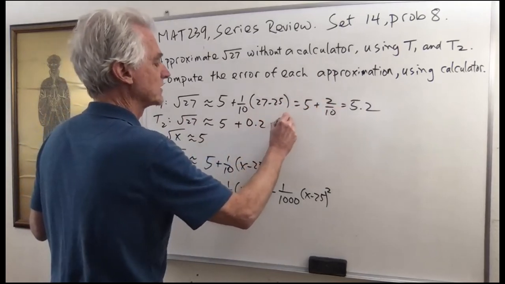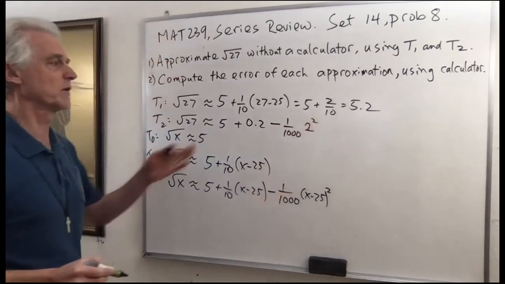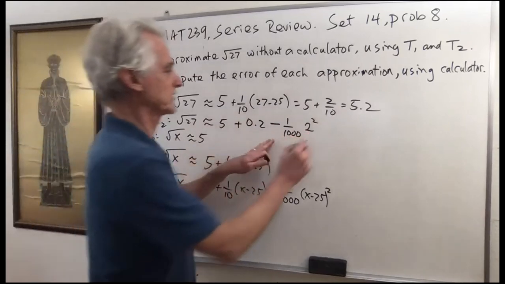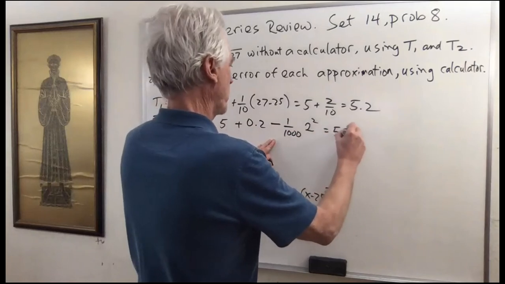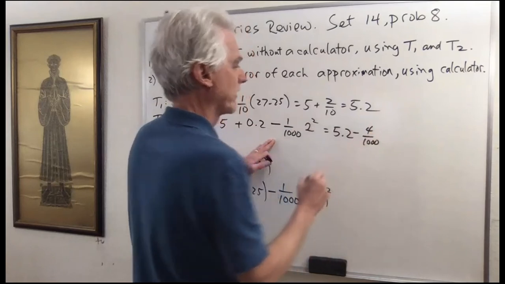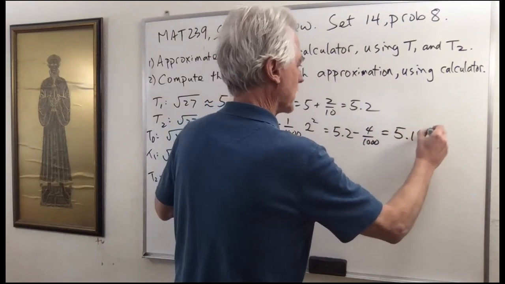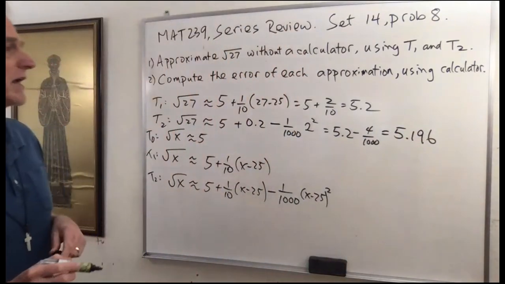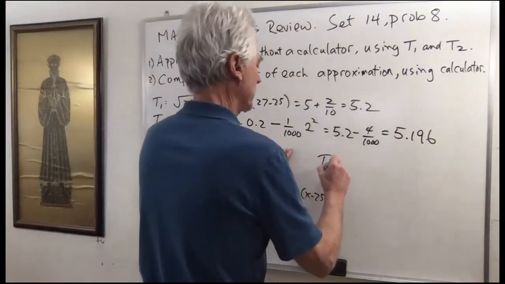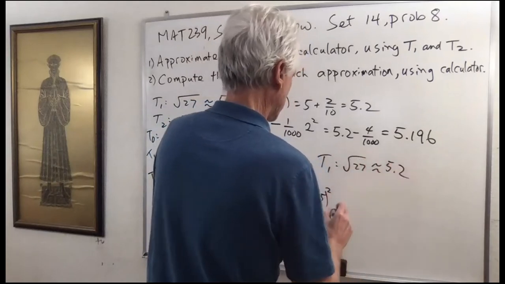And then I have minus 1 over 1,000 times 2 squared. I can do 27 minus 25 in my head, that's 2. So that's 4/1,000, that's 0.004. So this is 5.196. All right, so that's our two approximations. T1 is that square root of 27 is about 5.2.